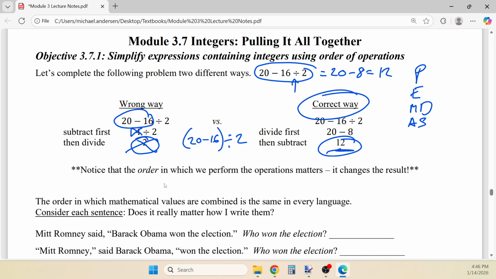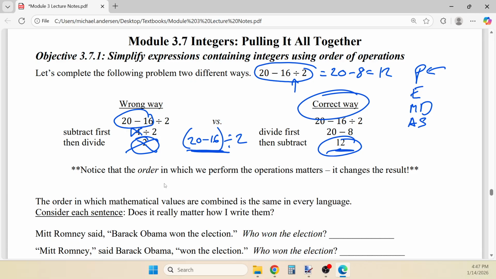This makes you do the subtraction first because parentheses come first. You can really think of parentheses, instead of as the start of the order of operations, more as a way to reverse the order of operations. If I want to do subtraction first, I use parentheses to make that happen.